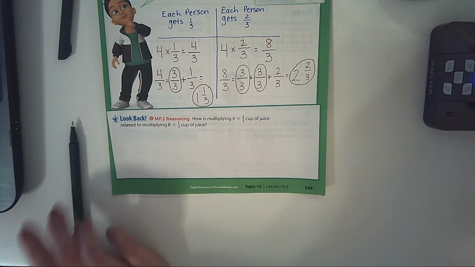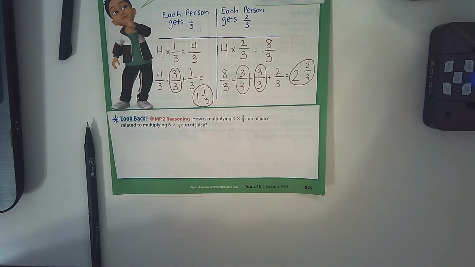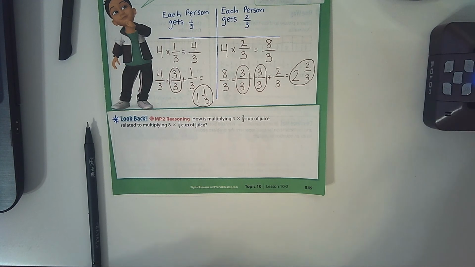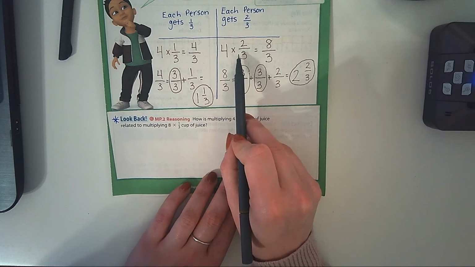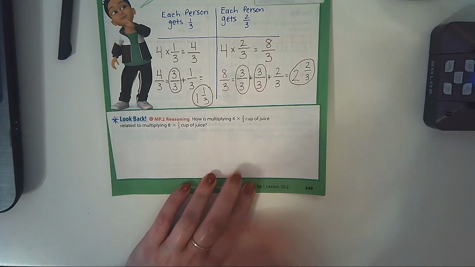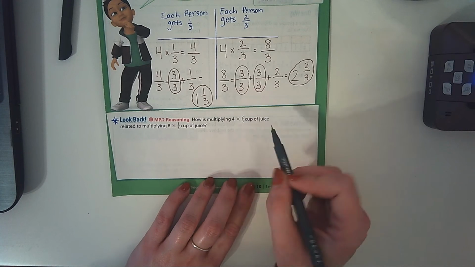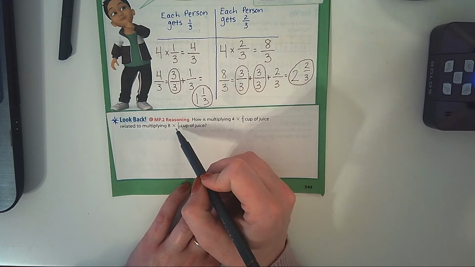How is multiplying 4 times 2/3 cup of juice related to multiplying 8 times 1/3 cup of juice? We solved this equation up here, and we know that the answer was 2 and 2/3. So they're asking, how is this equation here related to this equation here?